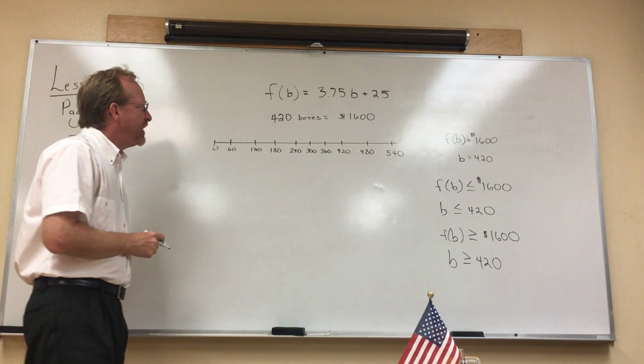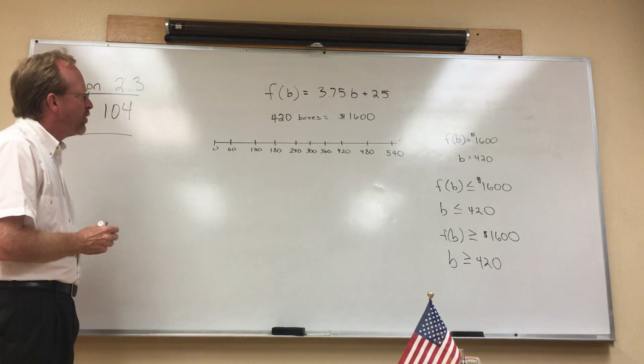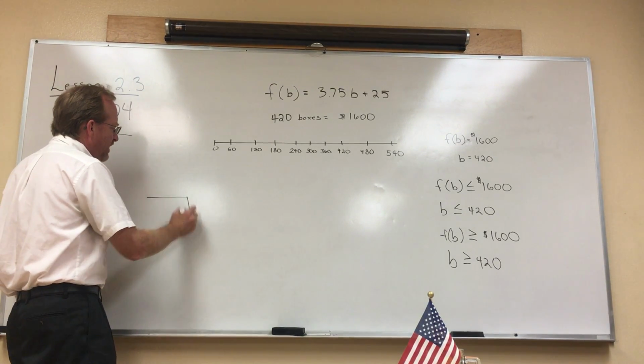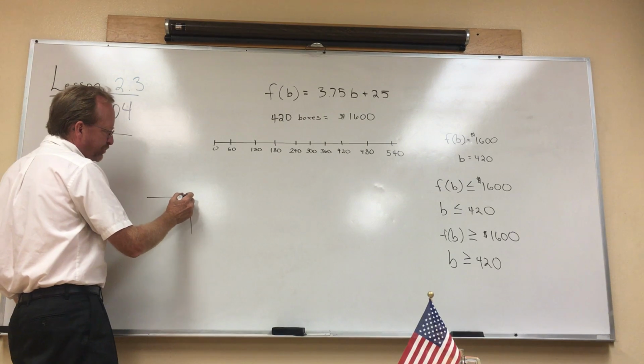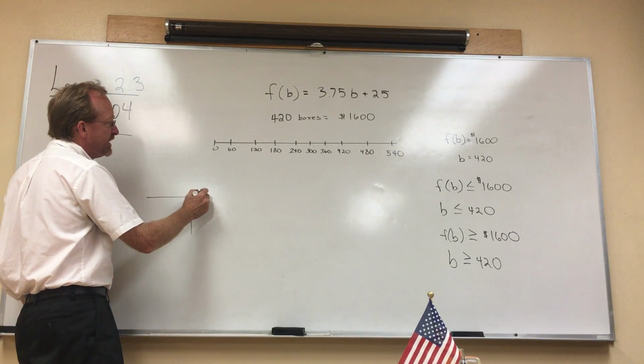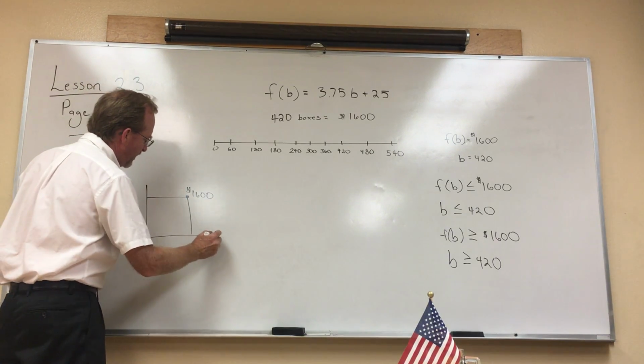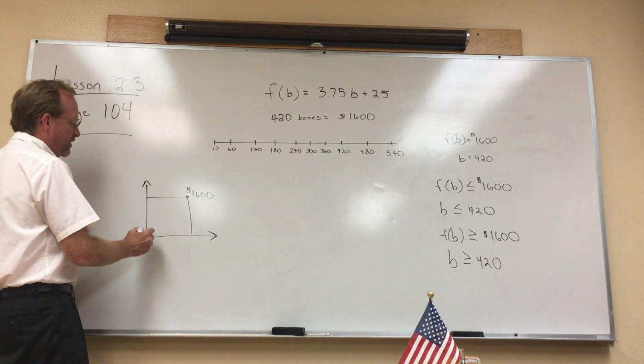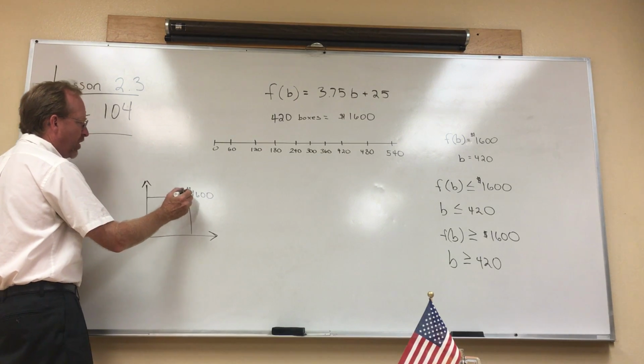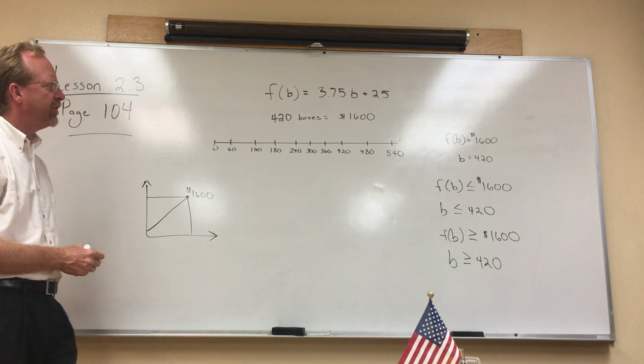Now, they also show you that if a kid sells 420 boxes, that gets them, and they have the graph, you can see it, to $1,600. So in other words, that's what our graph is looking like. If you get to here, you've sold $1,600.